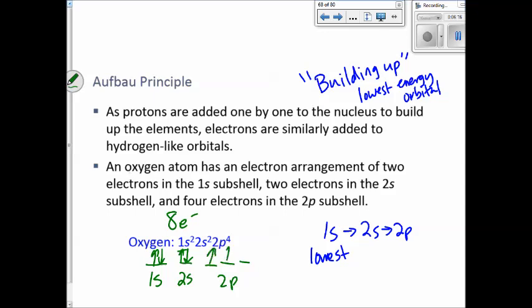So we would put the 4 in here one at a time, and we'll get to why it goes one at a time in a minute. But that would be following Hund's rule. Okay? But you would not fill any of the electrons in the 3s if you have 2s available, because the 2s are lower than the 3s in terms of energy. Okay? Good with that? All right.